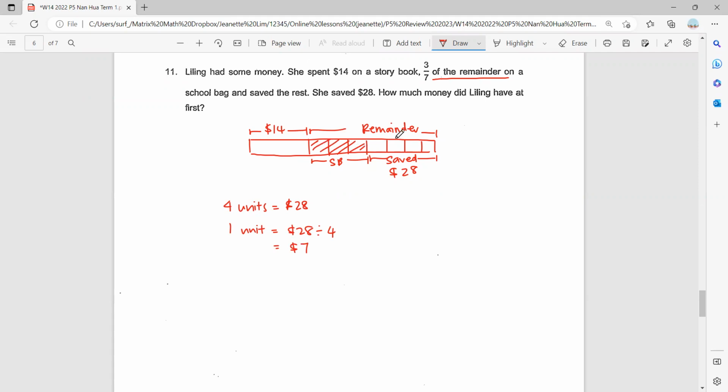So 1, 2, 3, 4, 5, 6, 7. 7 units will be 7 times 7, 49. Then we add $14. So the answer is $63.